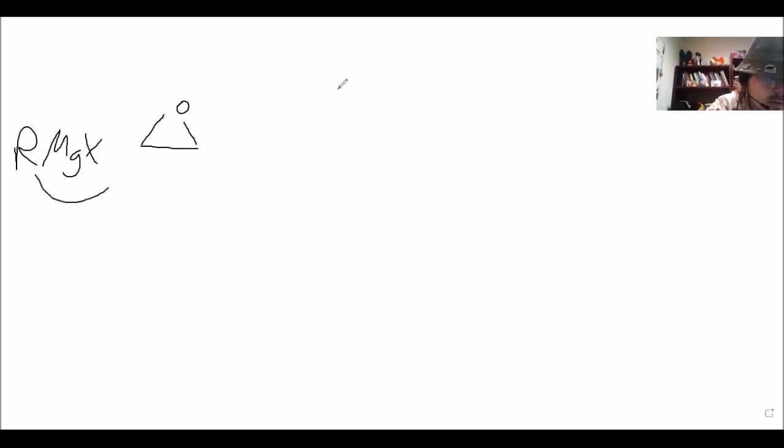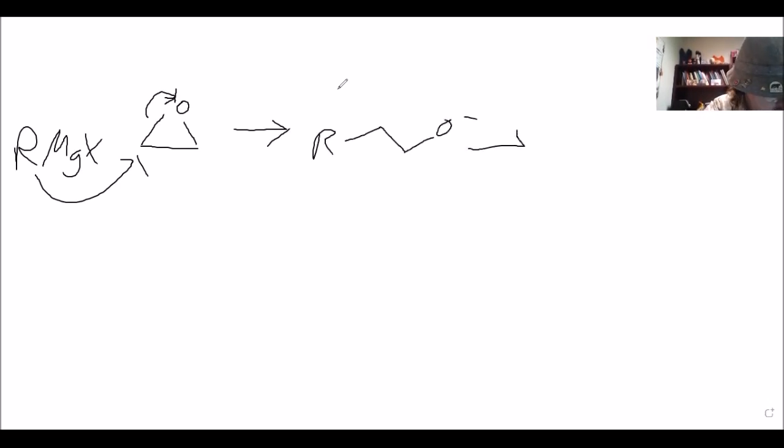So attack here and cause this to swing open, releasing our ring strain. So you're going to have an O minus, and of course, the presence of acid is going to just protonate that.